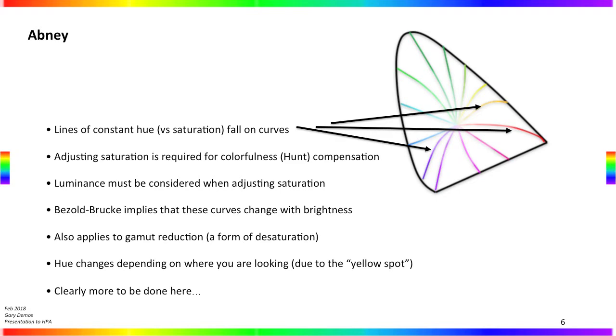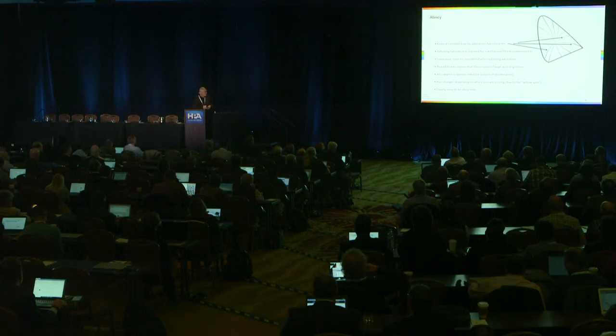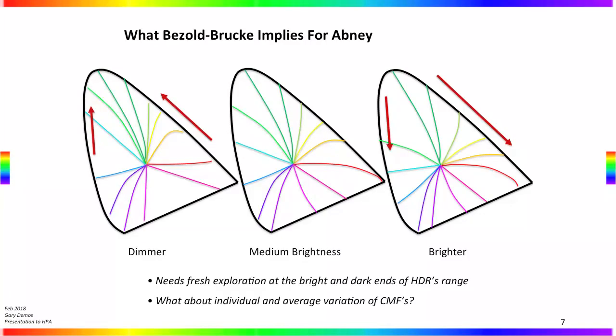I don't know of any work on this, but that's the implication, that if you can shift the perceived hue by just changing the brightness, then the edge of this thing near the spectrum locus is going to be a place of great interest. So clearly there's more to be done here. Okay, so that's kind of what that would look like. You'll see the lines. And these are the directions that they would move according to the Bezold-Brücke effect.